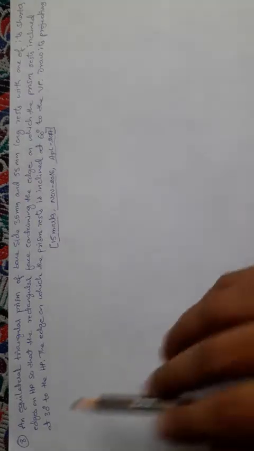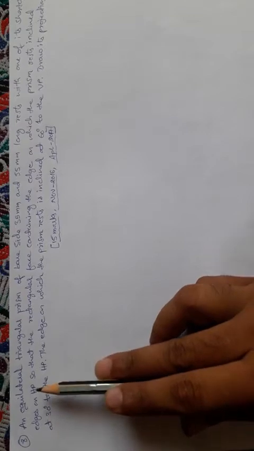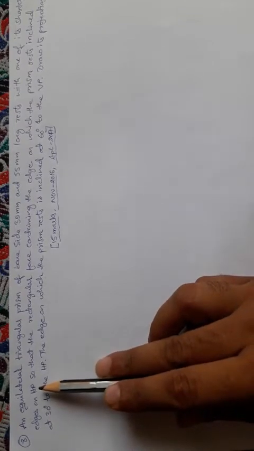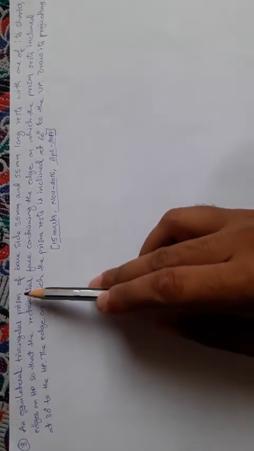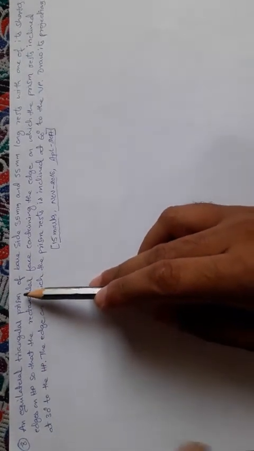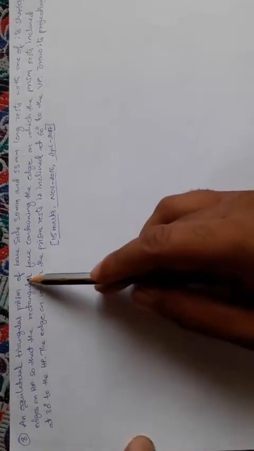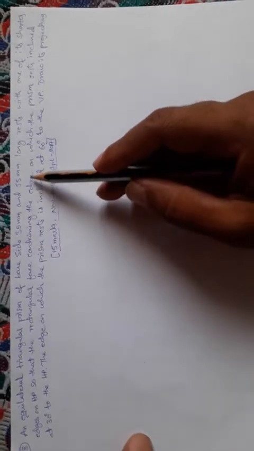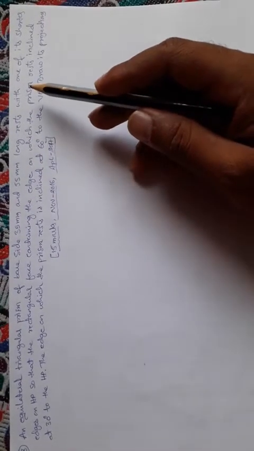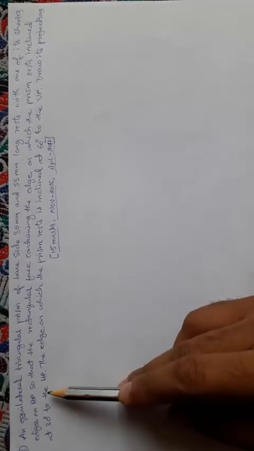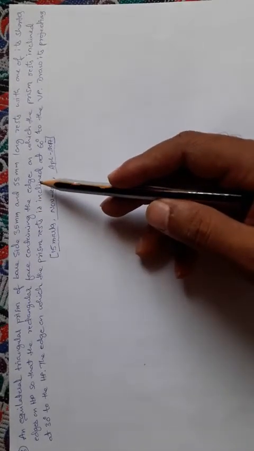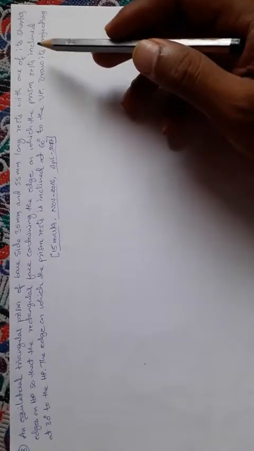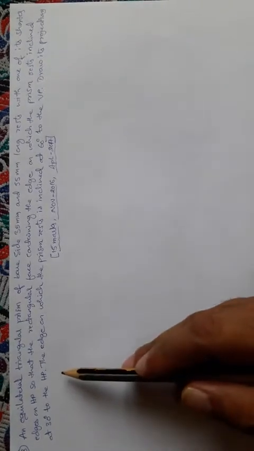Dear student, this is problem number 8 from the unit projection of solid, and this problem is based on an equilateral triangular prism. The equilateral triangular prism of base 35 mm side and 55 mm long rests with one of its shorter edges on HP, so that the rectangular face containing the edge on which the prism rests is inclined at 30 degrees to HP.